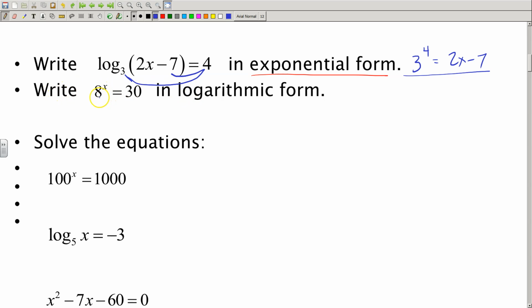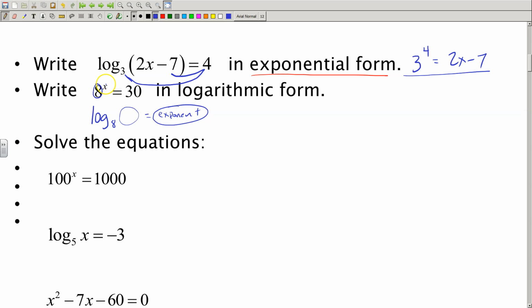Second question, it says write 8 raised to the x equals 30 in logarithmic form. So if we do that, that means we're going to have a log function which takes in two numbers, a base. The base in this problem is 8, so I'm going to put that as my base 8. And then we're going to have some number in here that's going to equal some exponent. So what is this exponent?